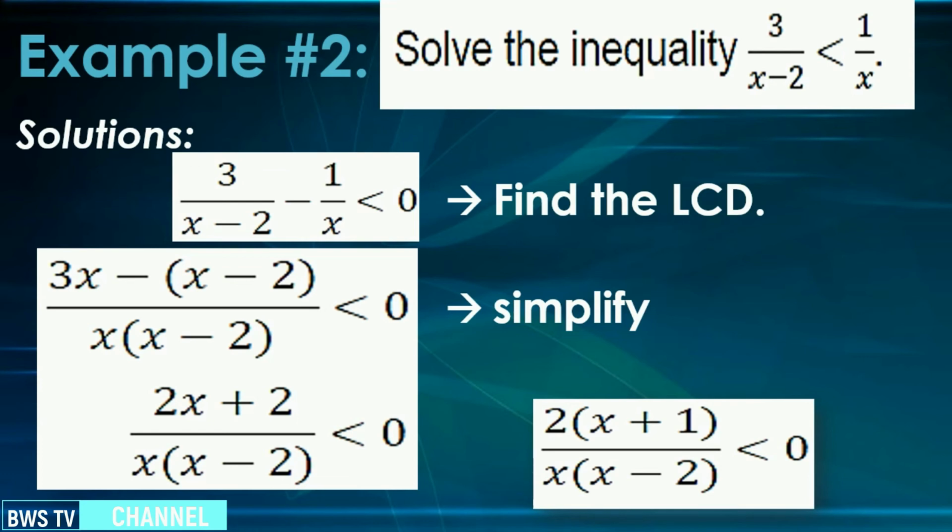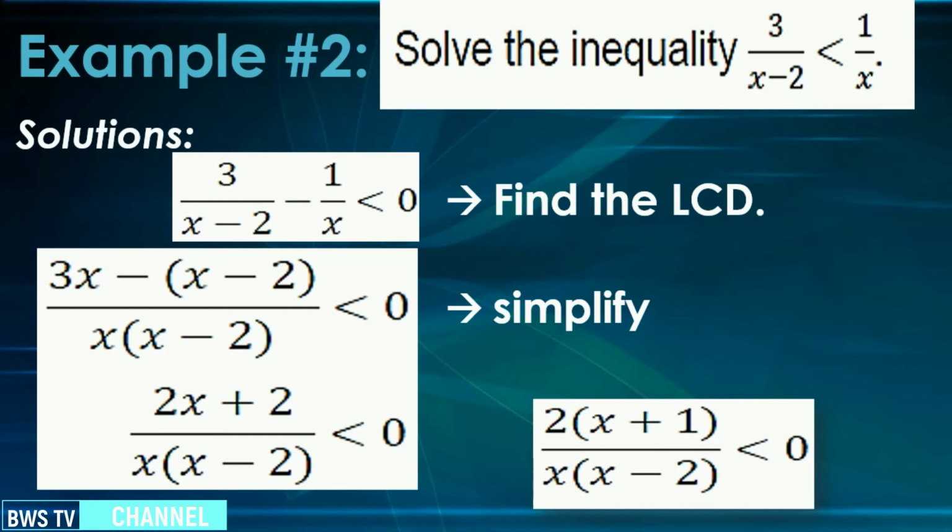From this expression itself, we are looking for the values of x that will be less than 0. What are those numbers less than 0? That means negative numbers. So our answer must be negative. In here, we will get the points or the values where our expression will be 0 and where our rational expression will be undefined.